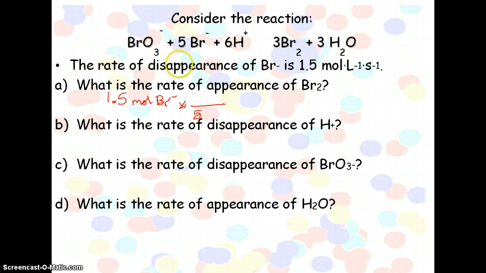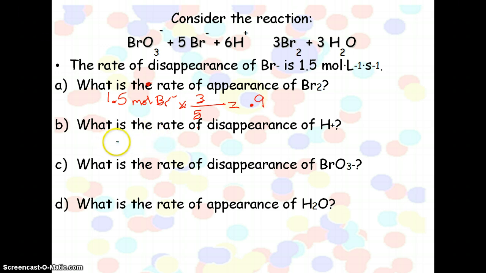And we want Br2, and we know that there are 3 of those. So a little simple stoichiometry gets that. So 1.5 times 3 divided by 5, which gives us 0.9.